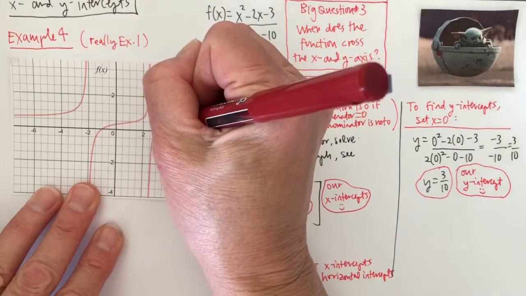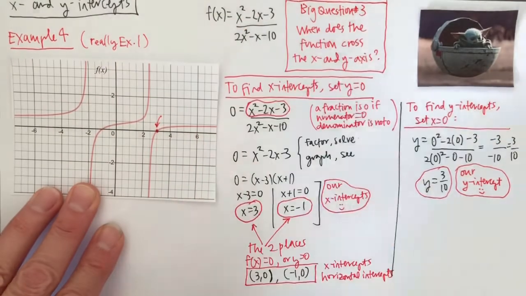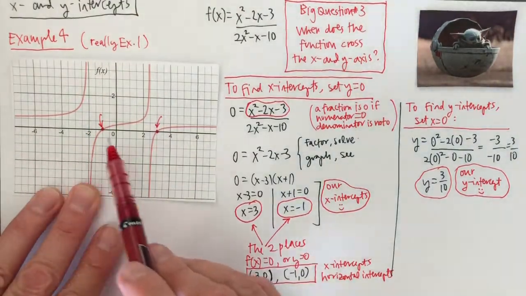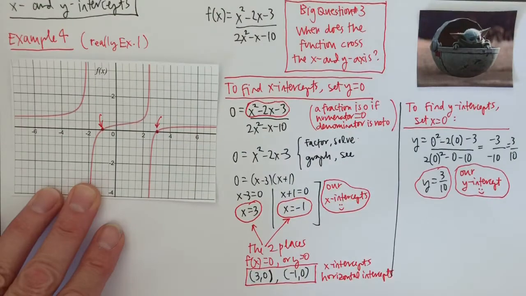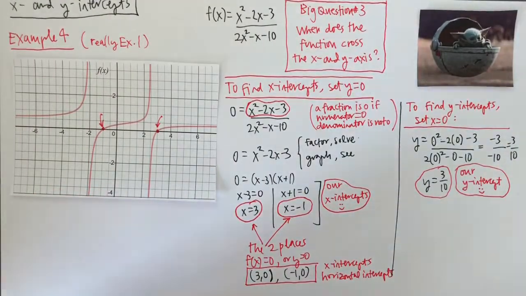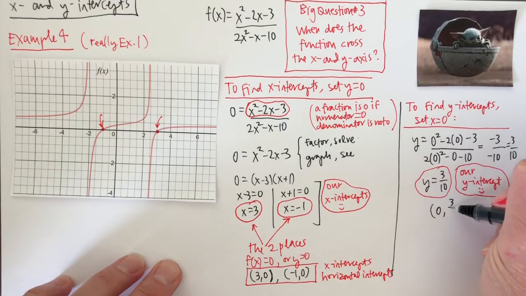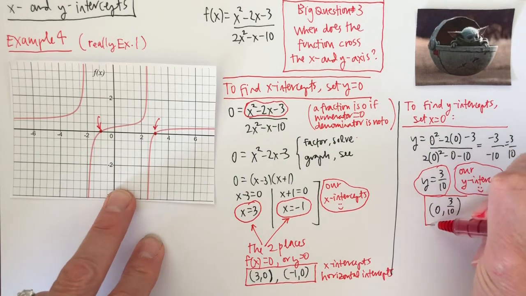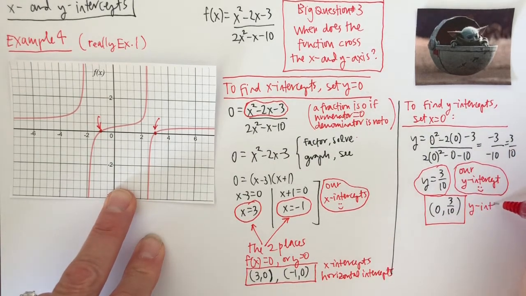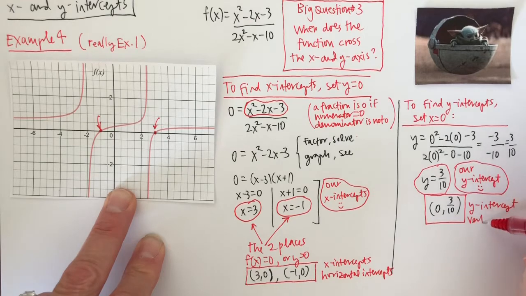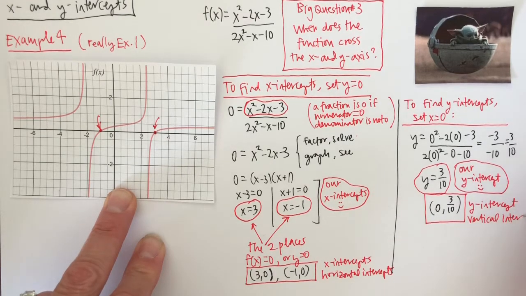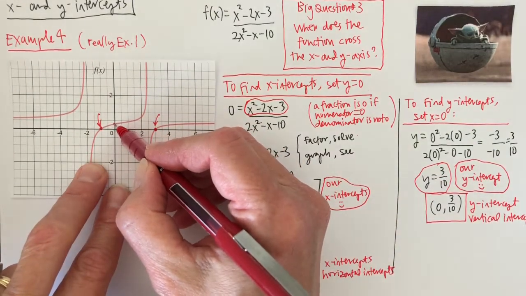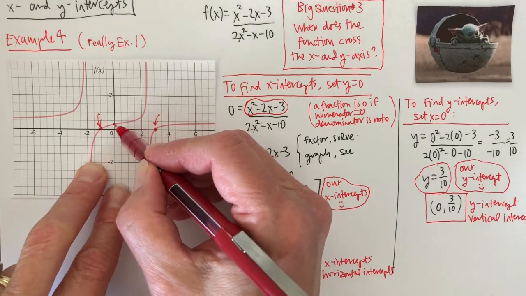At (3, 0) and at (-1, 0), the graph is hitting the x-axis. So this is an x-intercept. And then we know that (0, 3/10) is our one y-intercept, or sometimes called vertical intercept. And looking at the graph, that looks right. If this is 2, 1 is right here, this looks like about 3/10.